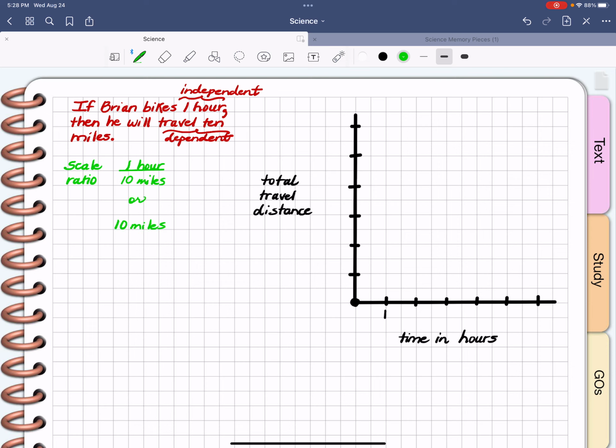Here's the graph when we're ready. And here's the story. All right, scenario D. Ted bought 100 shirts for $5 each.